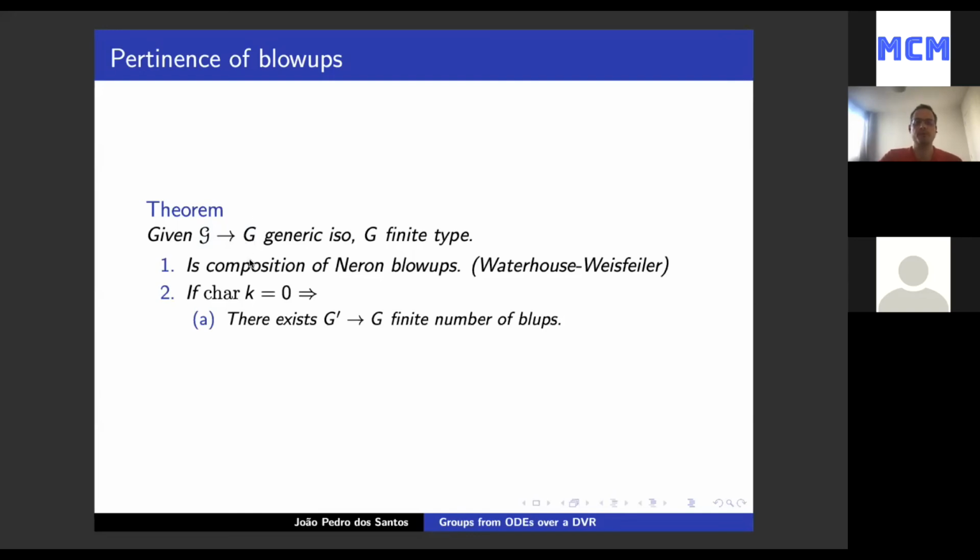So let me say it like that because it's clearer, though imprecise: any generic isomorphism with G of finite type will be a formal blowup of some closed formal subgroup scheme. So this is the slogan. It's not true, you have to adjust a little bit, but it's almost true.